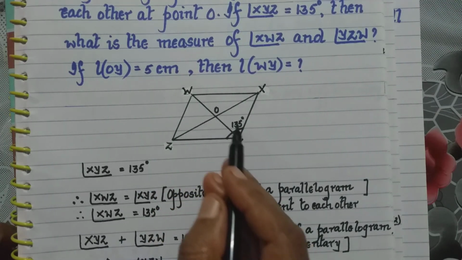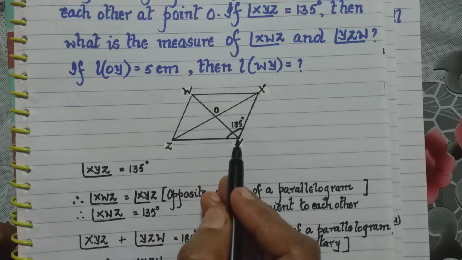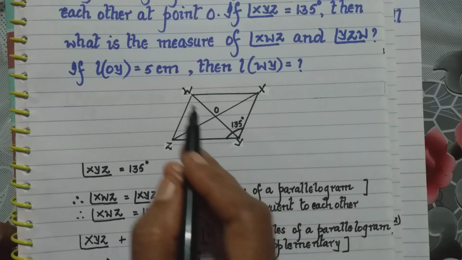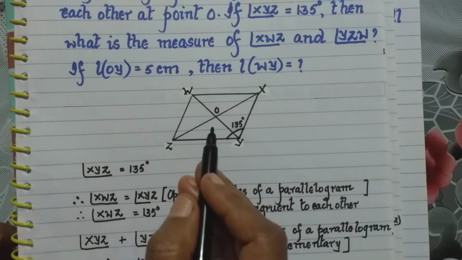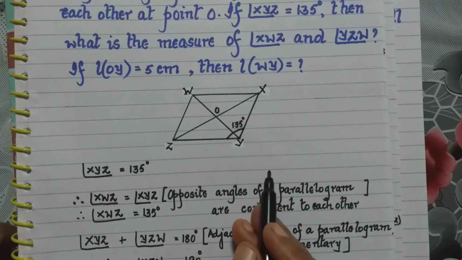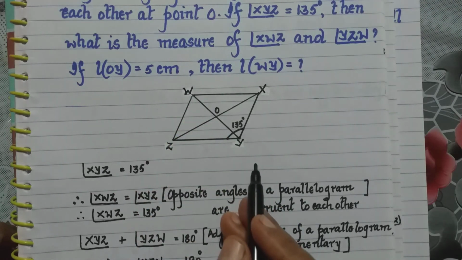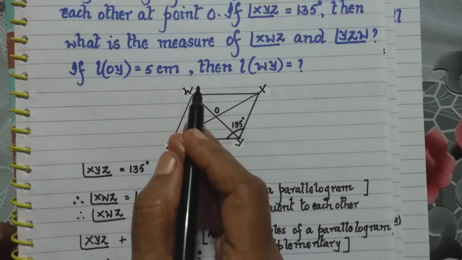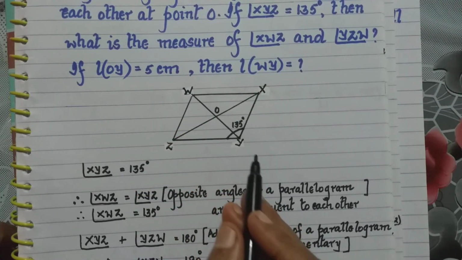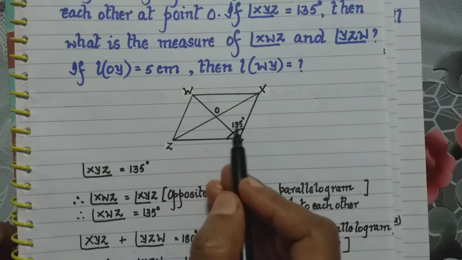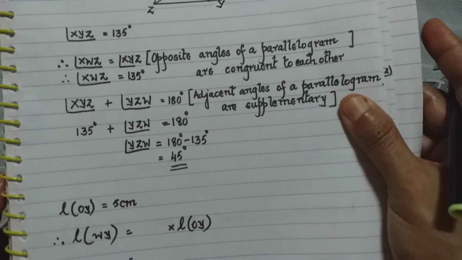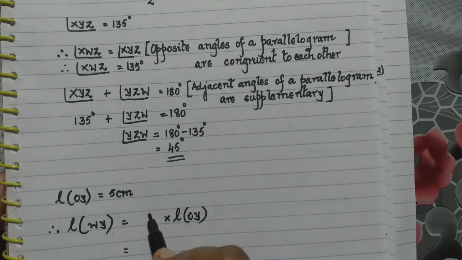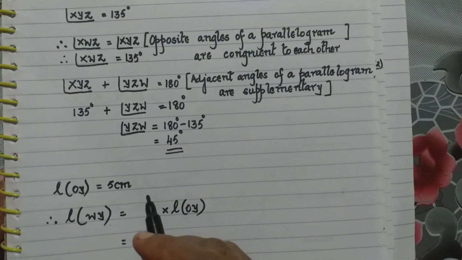So if one part is 5 centimeter, we have to find length of WY, which is not the other part, but it is the whole diagonal. So whole diagonal will be this part plus this part, or it is this part into 2. Okay, so now we have written here length of OY is 5 centimeter.